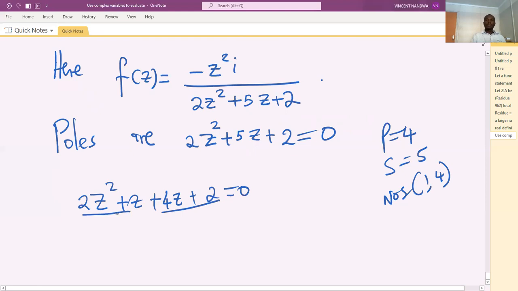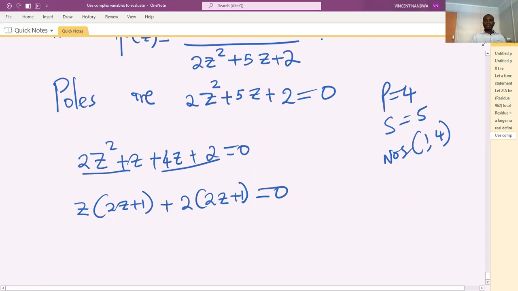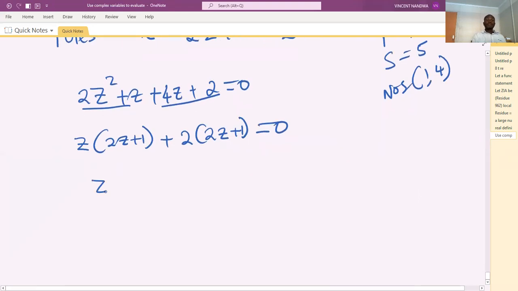Pair this. So z into 2z plus 1 plus 2 into 2z plus 1 is 0. So we have z plus 2, 2z plus 1 is given by 0.